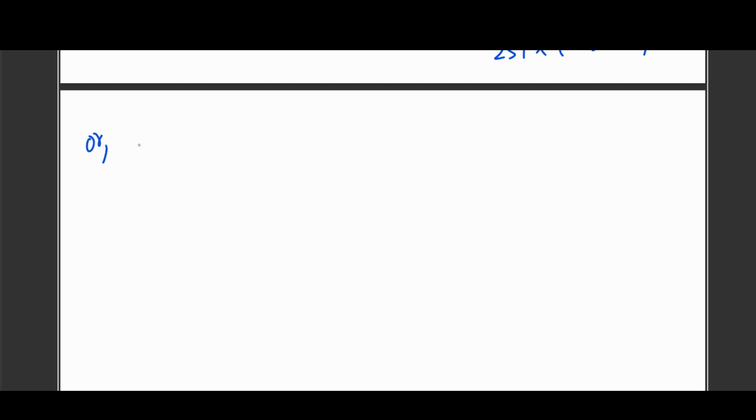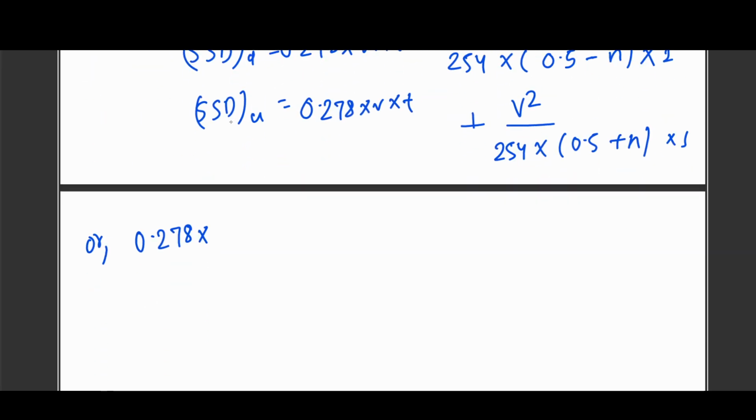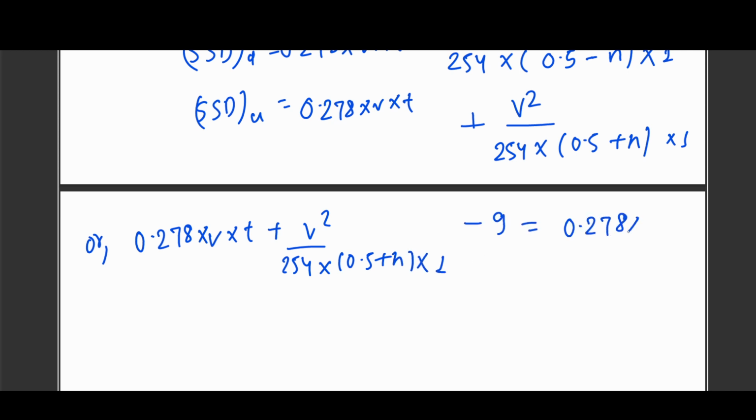So I'll be getting 0.278 into V into T plus V square by 254 into 0.5 plus n into 1, minus, equals 0.278 into V into T plus V square by 254 into 0.5 minus n into 1.